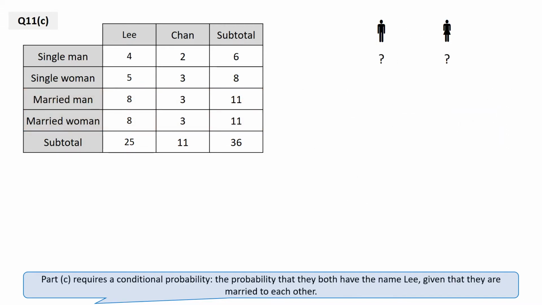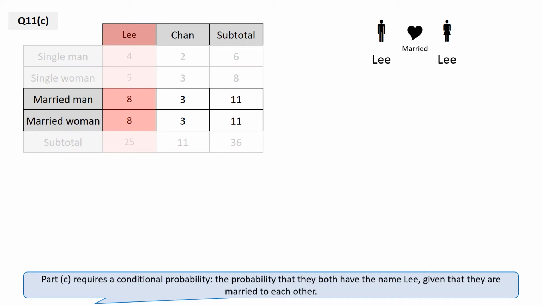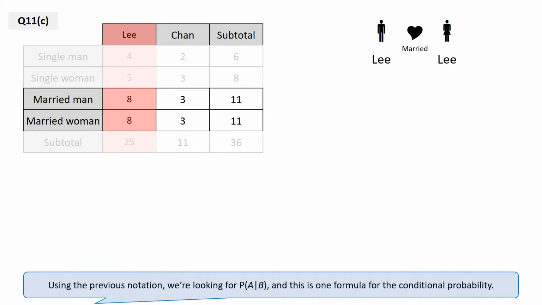Part C requires a conditional probability, the probability that they both have the name Lee, given that they are married to each other. Using the previous notation, we're looking for probability A given B, and this is one formula for the conditional probability.